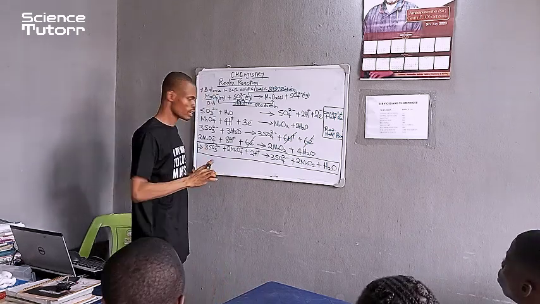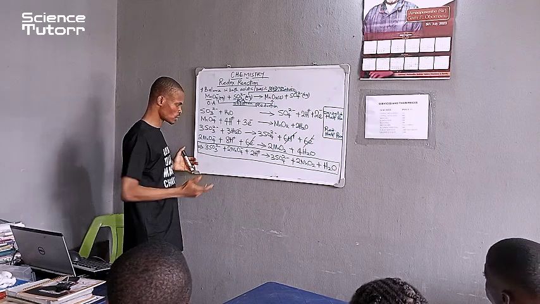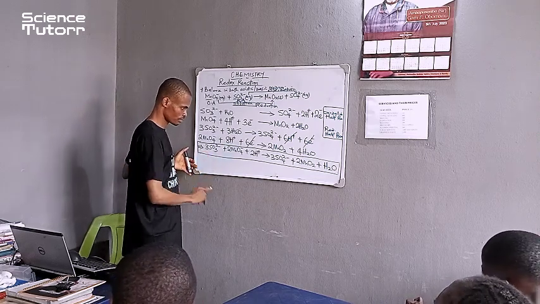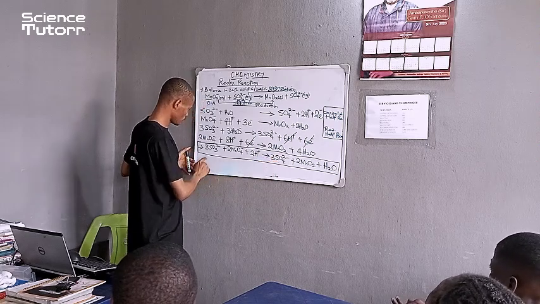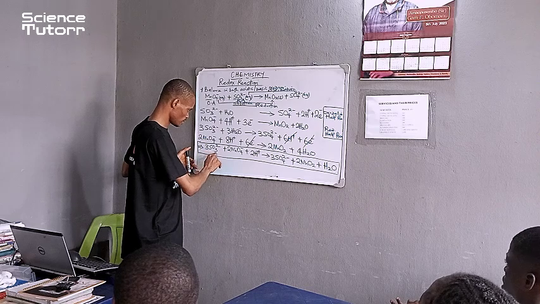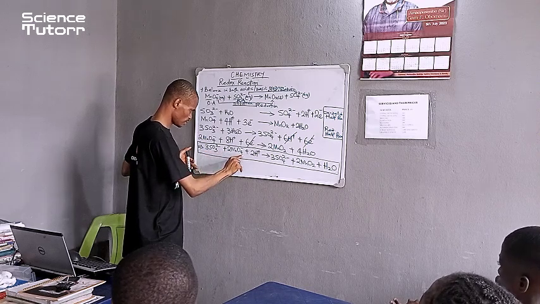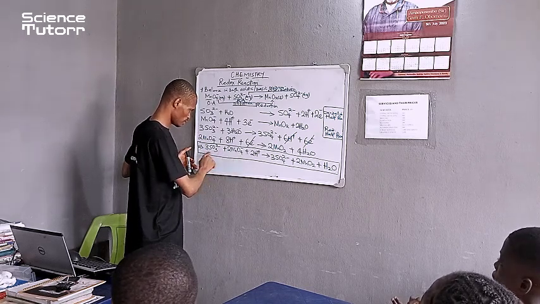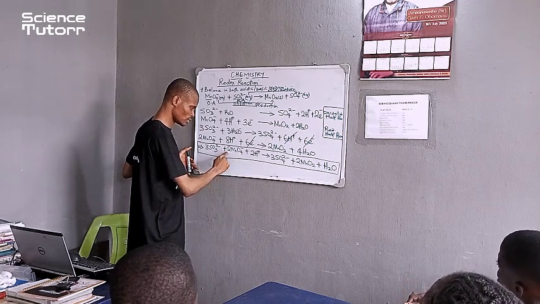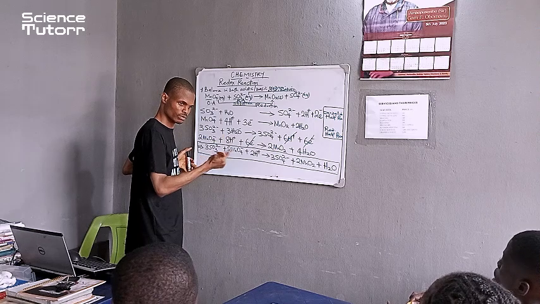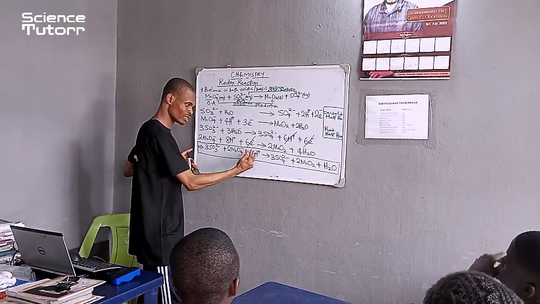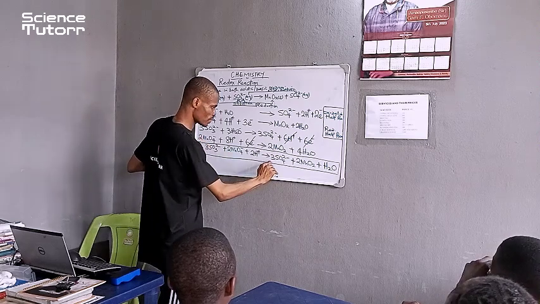As a final check, we check our atom on both sides. How many sulfur? Sulfur, oxygen, this is 9. This is how many? The same number like this, it has to do with multiplication. 9 plus 8, that is what? 17 on the reactant side. So how many do we have here?